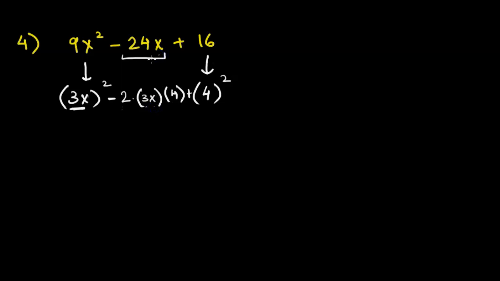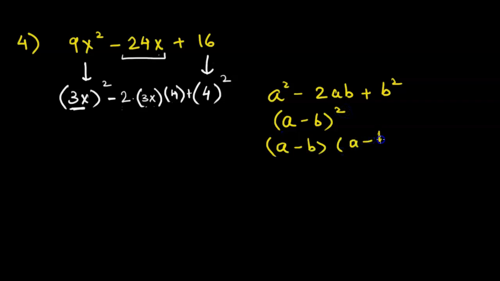Since we're able to get back the middle term by applying 2 times a times b, that means a square minus 2ab plus b square formula is applicable to this question. And when the formula is applicable, that means the answer is going to be written as a minus b whole square or a minus b in simplified form.